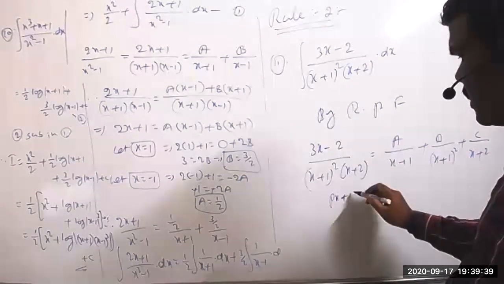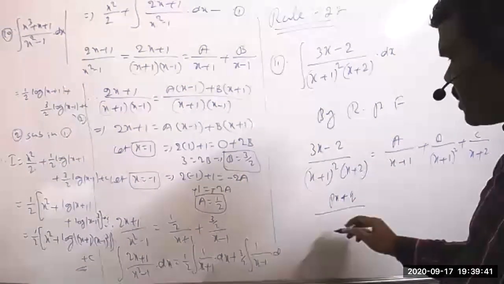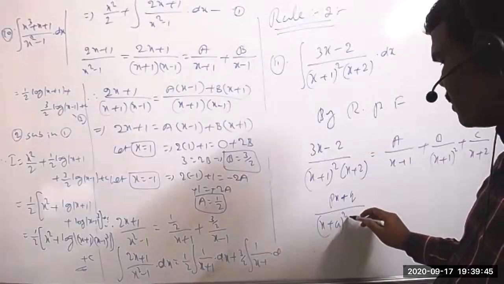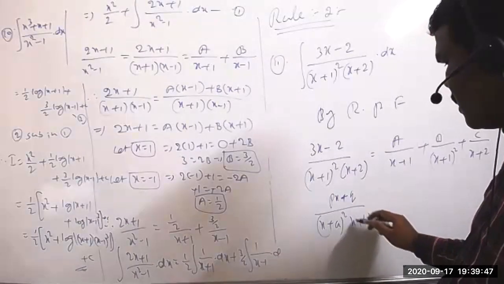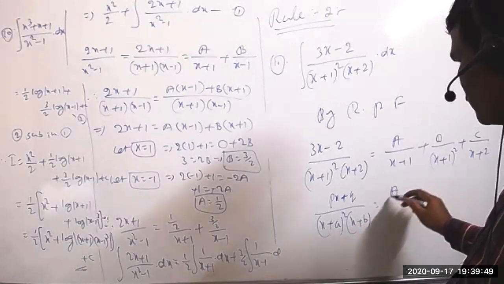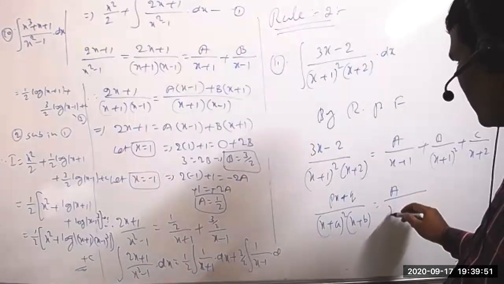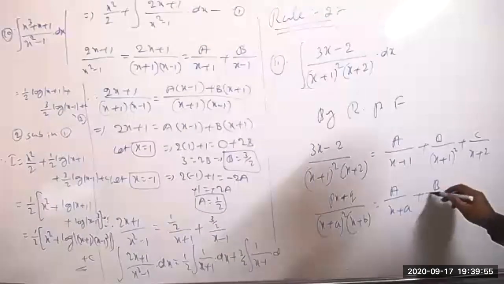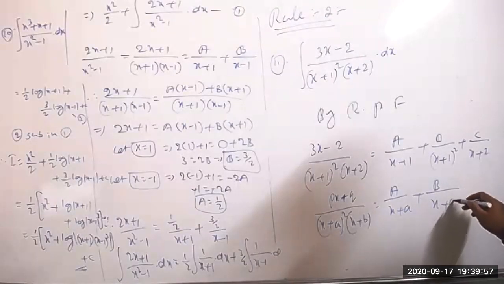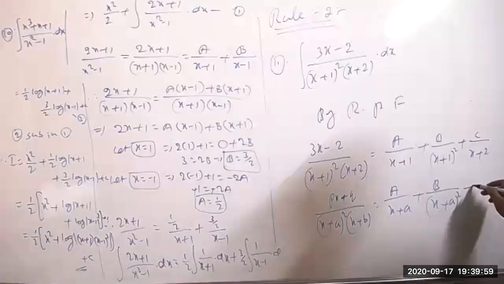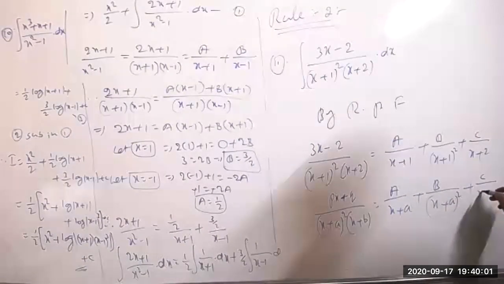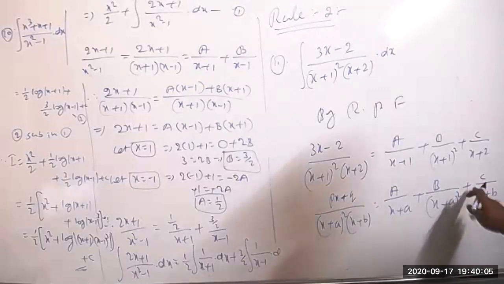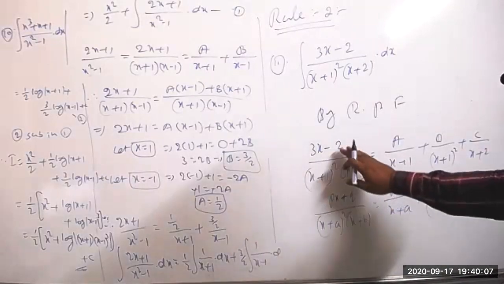The given function in the form of px plus q by x plus a whole square into x plus b is resolved into a by x plus a plus b by x plus a whole square plus c by x plus b. In the same way, I am resolving it like this.